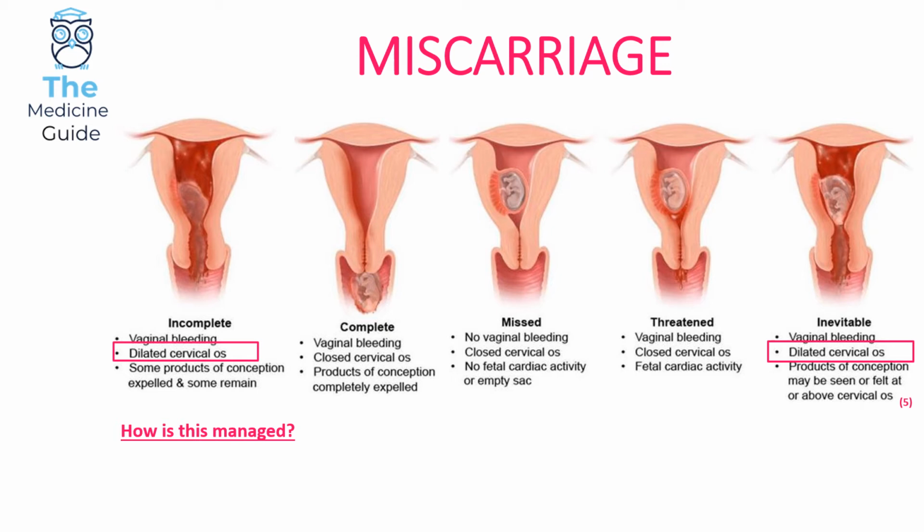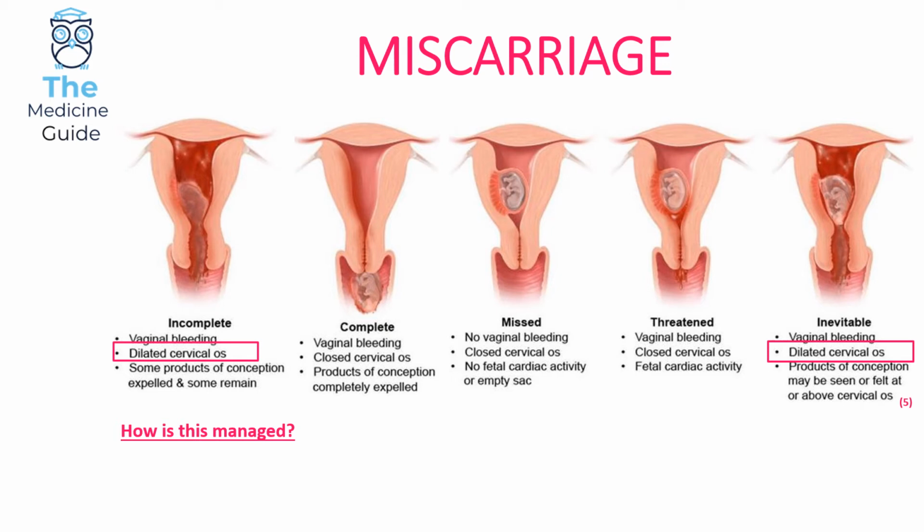So what I really want to highlight is that in the SBA, when the particular line mentions if the cervical os is open or closed, use that key feature to help exclude some of the possible causes of the miscarriage, and then look at other features such as whether vaginal bleeding is present, to what extent the products of conception are expelled, and whether the fetal cardiac activity can be recognised upon the ultrasound scan to help guide you in making your differential.